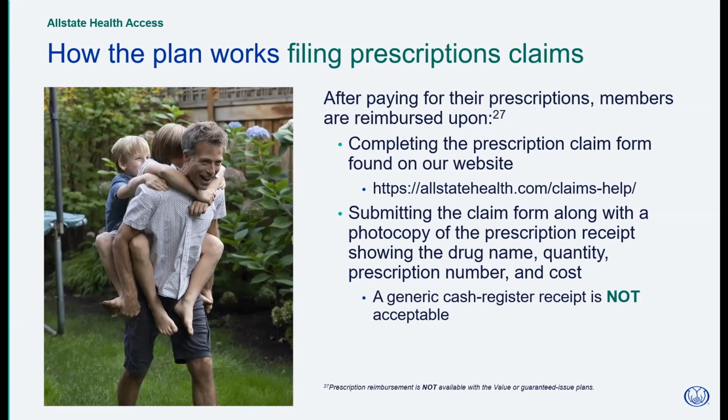They must submit the claim form along with a photocopy of the prescription receipt. It must show the drug's name, the quantity, the prescription number, as well as the cost. If they try to use a generic cash register receipt, it will be declined. So it's very important that all of that information is included.